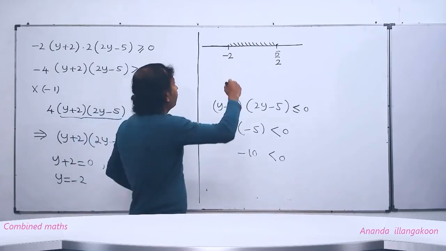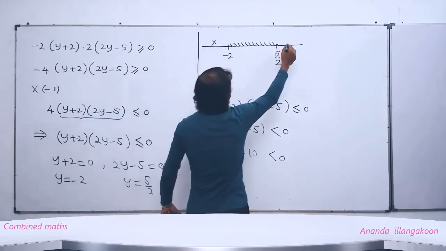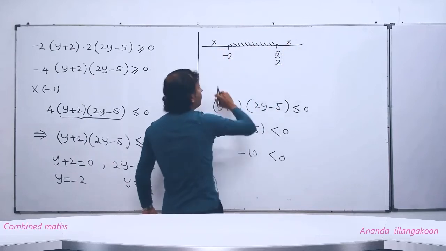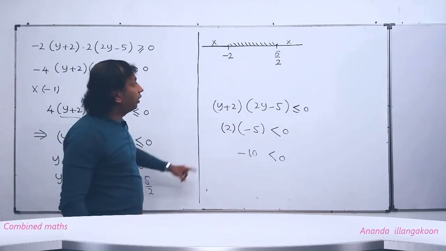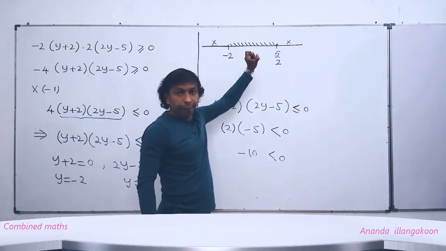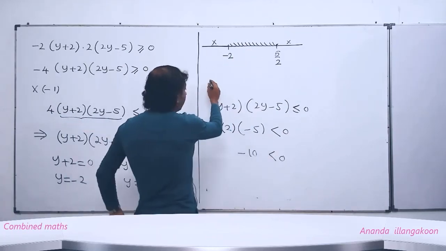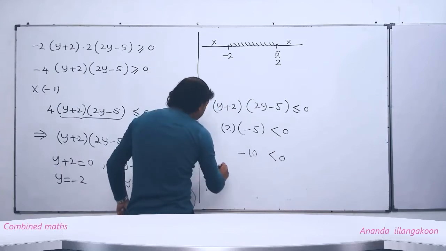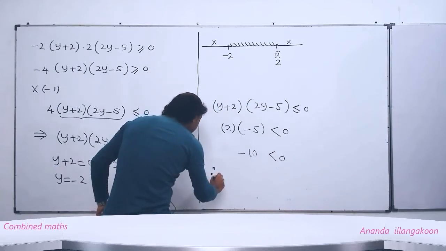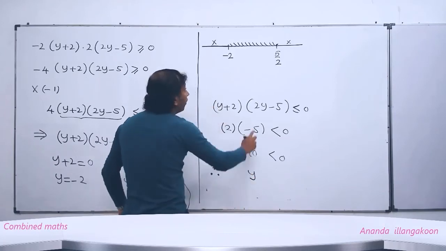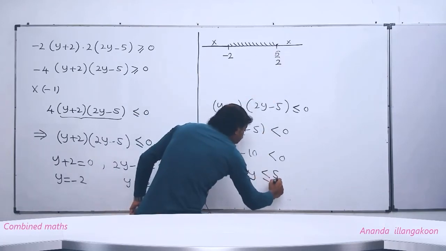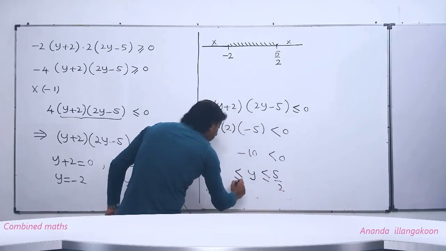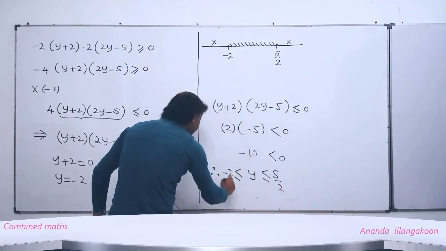So therefore, we have to skip these two, saying that these two regions do not satisfy this inequality. Then y should be in this range. Therefore, I write y less than or equal to 5 by 2, greater than or equal to minus 2.